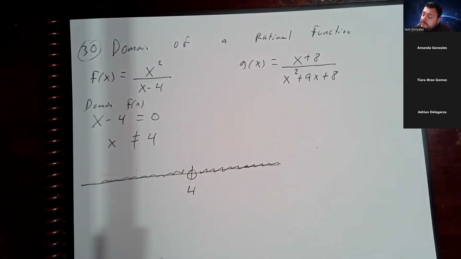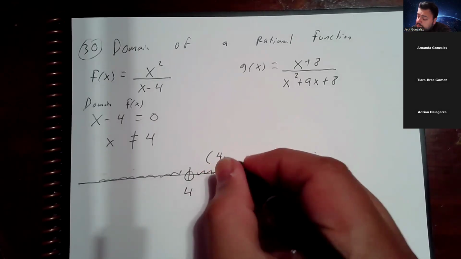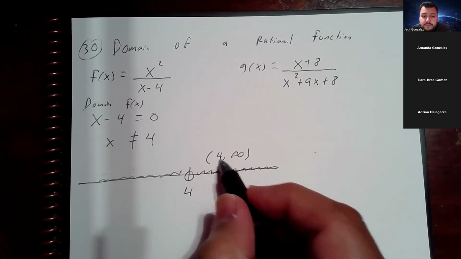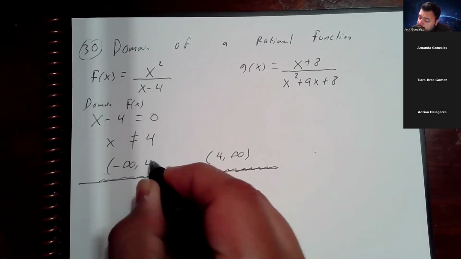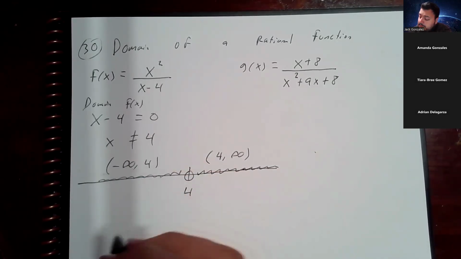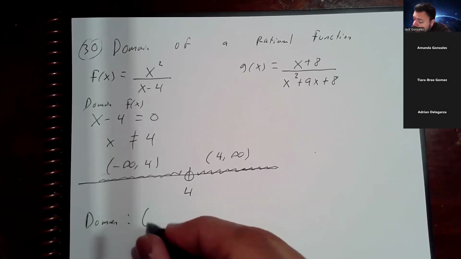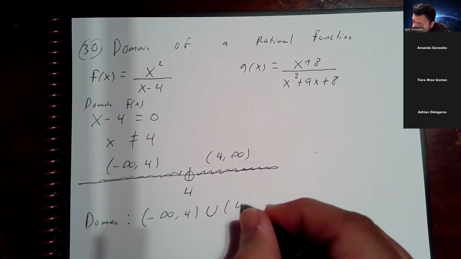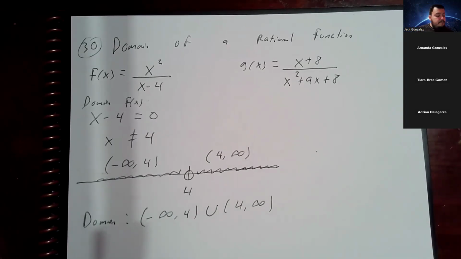So you have to write the interval for below and above. Everything above 4 would be written this way, from 4 to infinity. And negative infinity up until 4 would be this below section. So you would write the domain as the union of these two pieces. That's it. Does that make sense?